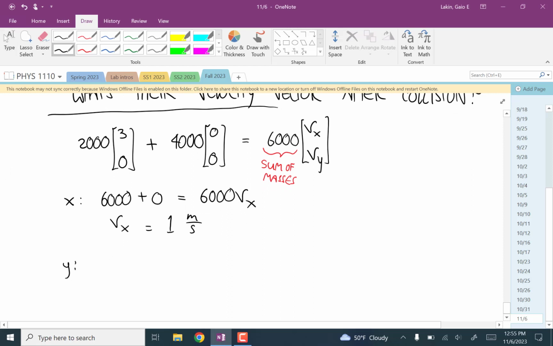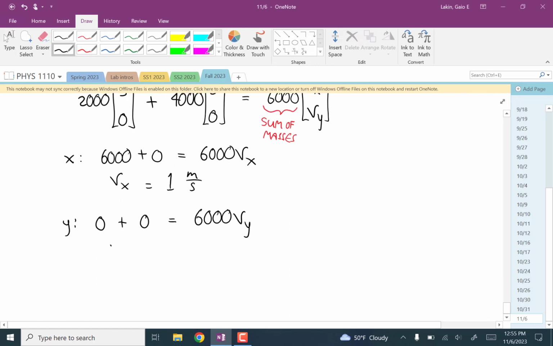The y equation says 2,000 times 0 plus 4,000 times 0 is equal to 6,000 times Vy, so Vy is equal to 0.